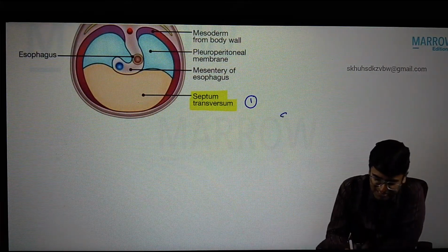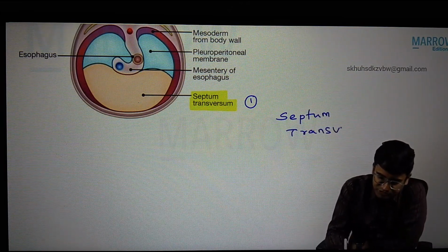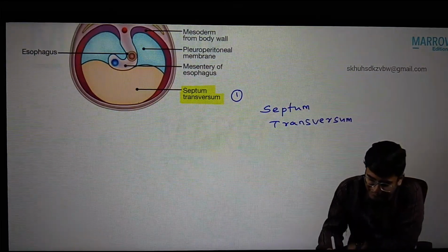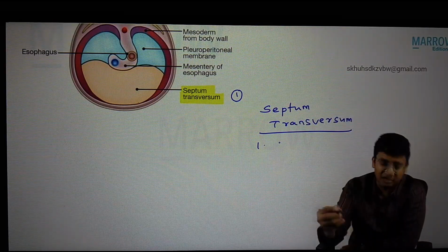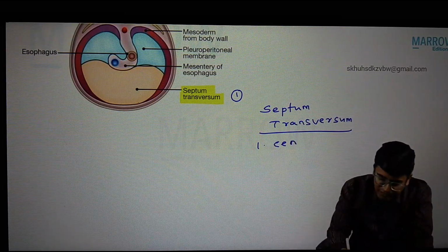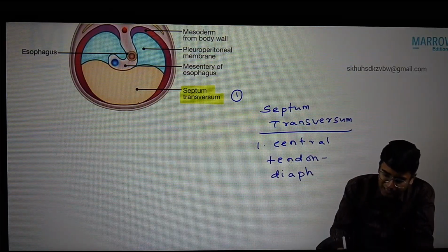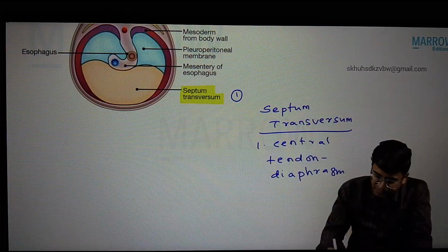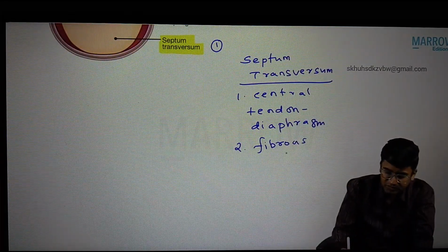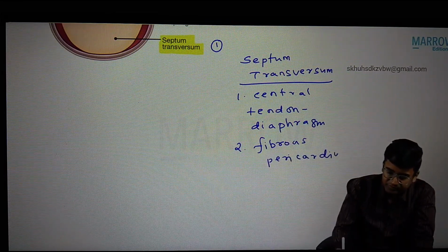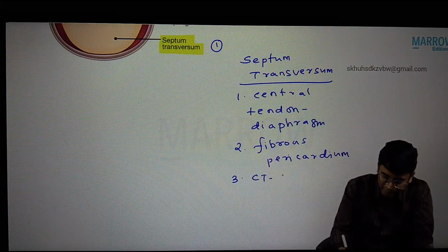The other derivatives of septum transversum: it forms the central tendon of the diaphragm, it forms the fibrous pericardium, and it also helps in the formation of the connective tissue in the liver.